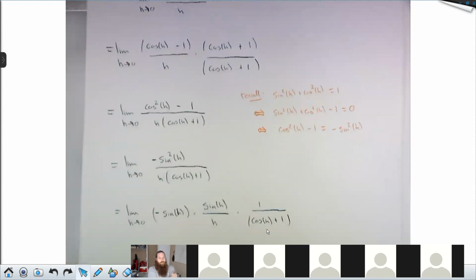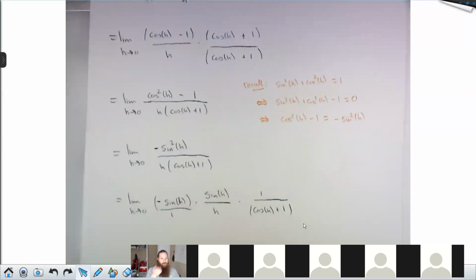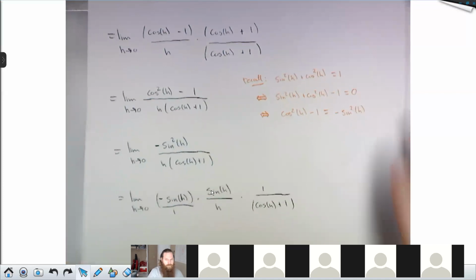So check for yourselves or verify algebraically that this is a kosher split. I've got sine h times sine h upstairs. I can grab off a sine h and I'll group that with the negative. Then I've got one more sine h upstairs. I'll group that with the h from downstairs. And then I've got cos h plus 1 downstairs. So if you multiply these three fractions, thinking of this first guy as this over 1, then you'll get the thing we had in the line above. It's nice to group them like this because these pieces are easy to take limits of.